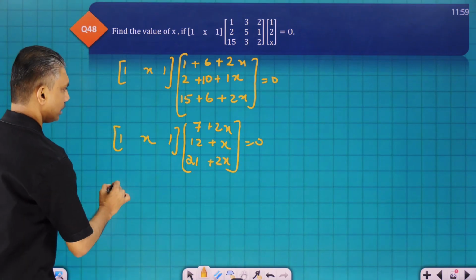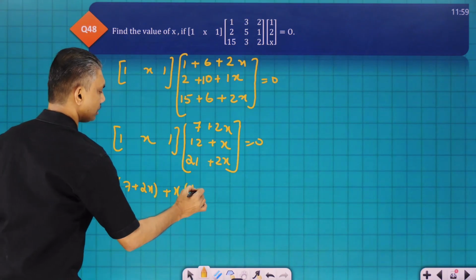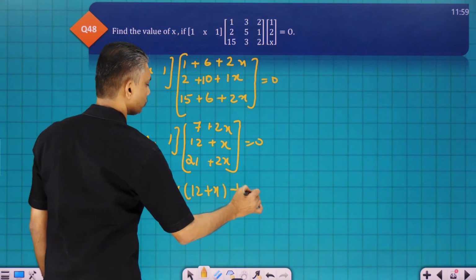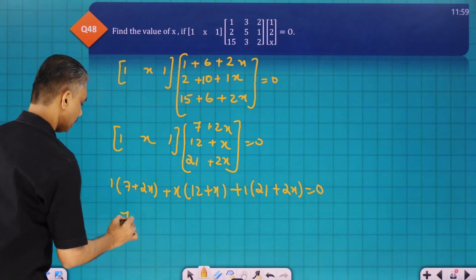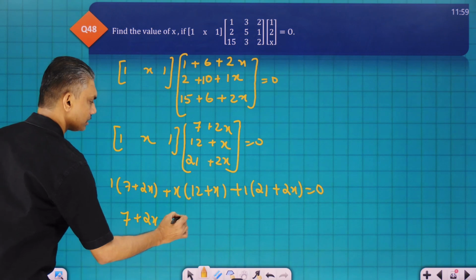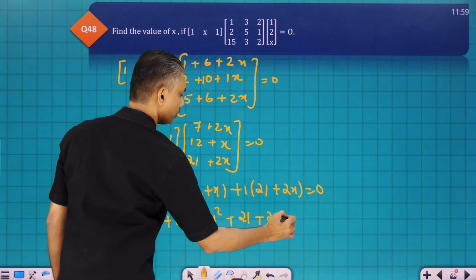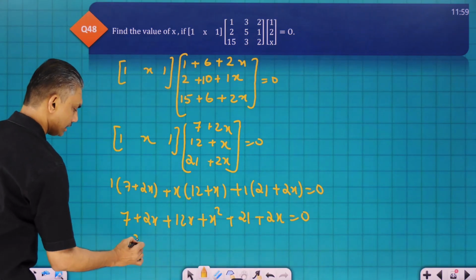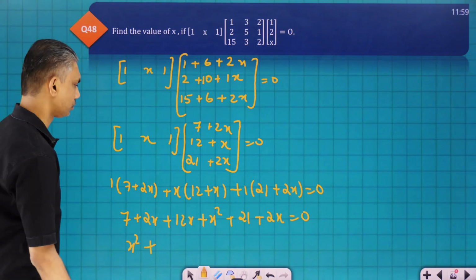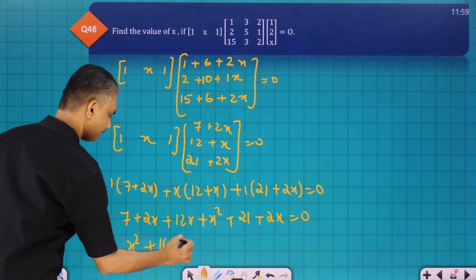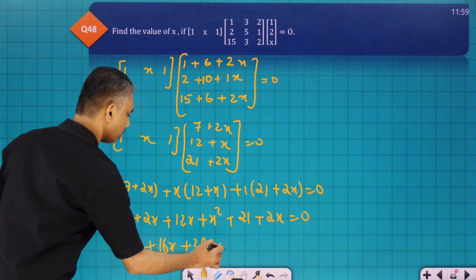Now multiply. That is 1 into 7 plus 2x, plus x into 12 plus x, plus 1 into 21 plus 2x, equal to 0. That is 7 plus 2x plus 12x plus x square plus 21 plus 2x is equal to 0. That is x square plus 16x plus 7 plus 21, 28, equal to 0.